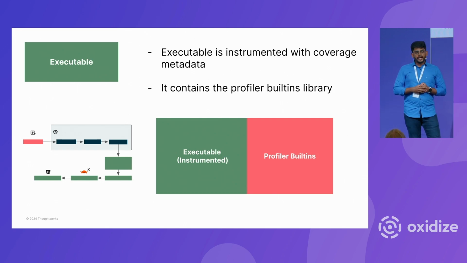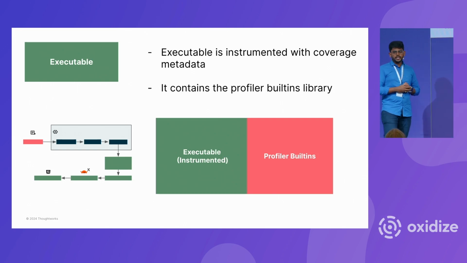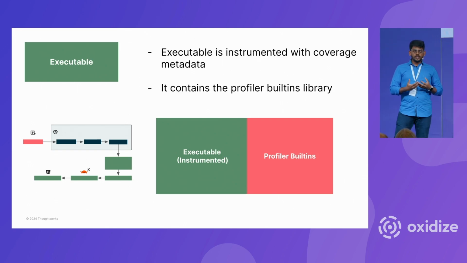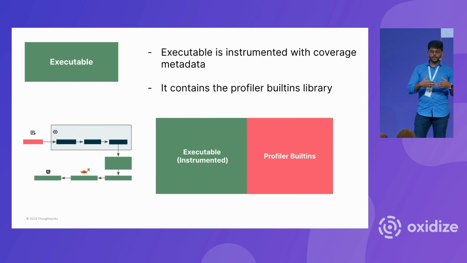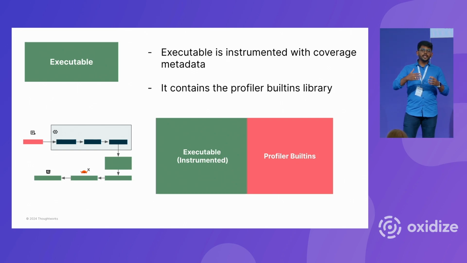This profiler built-ins is responsible for creating the profiles which we saw. At runtime, it creates some memory in your system when the executable is running, initializes the counters, and then increments the counter whenever a count increment happens.